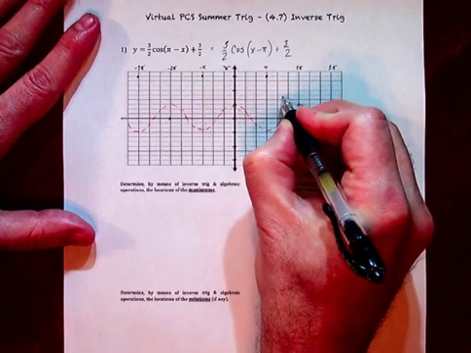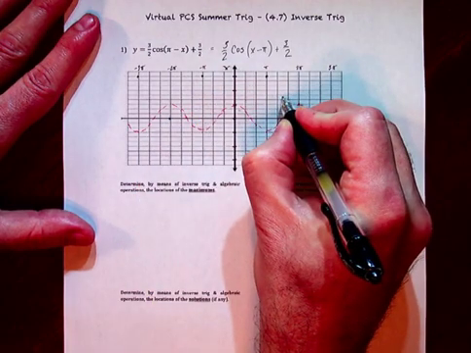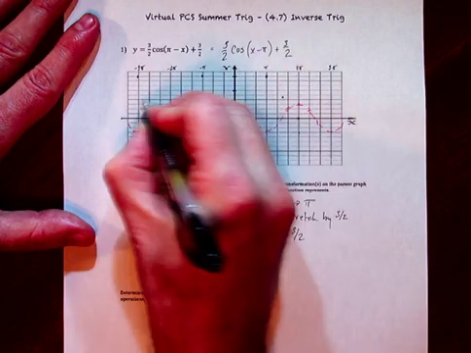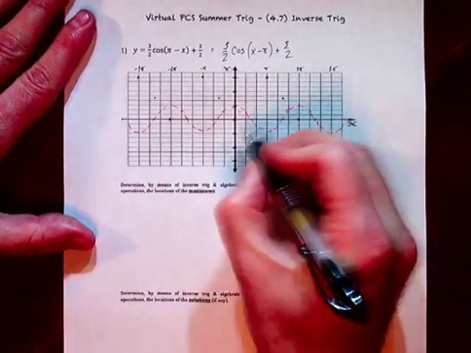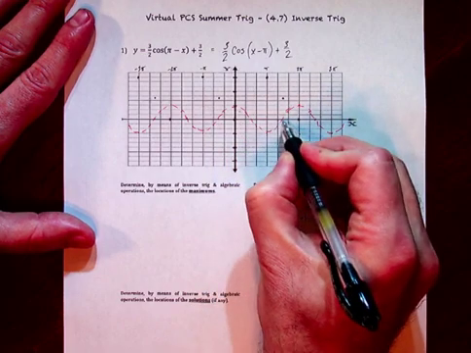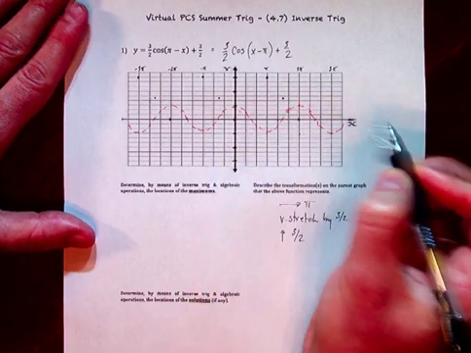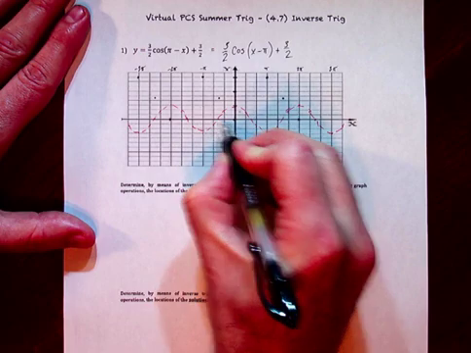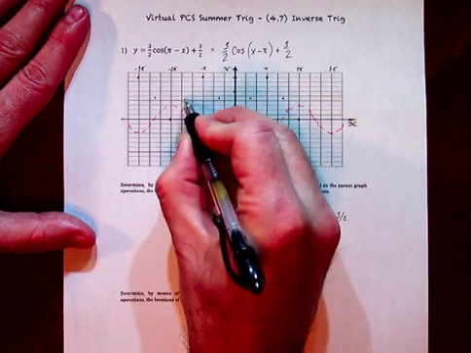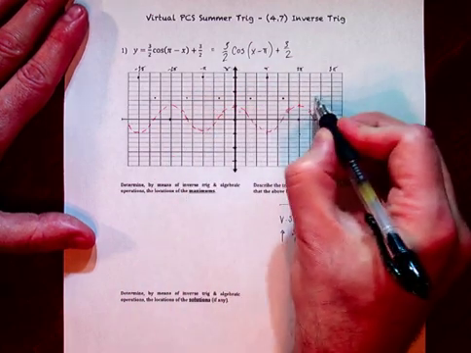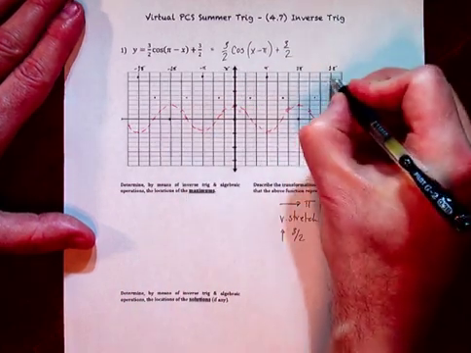This point right here, still periodic, goes here and here. And then, of course, we have the corresponding point. Let's do this one right here. We'll move it over pi units, stretch it, and then move it up 3/2. And we have something like this, okay?